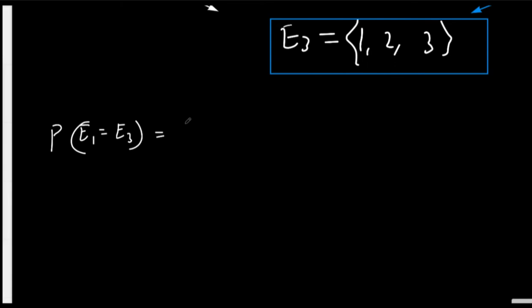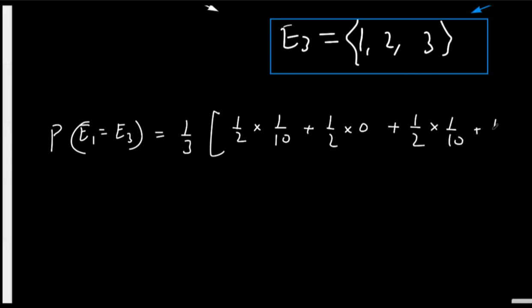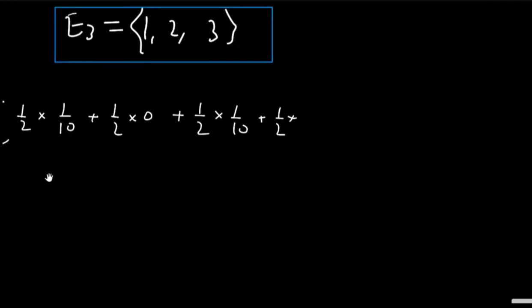And here that is 1 by 3 of 1 by 2 into 1 by 10 plus 1 by 2 into 0, right? And plus 1 by 2 into 1 by 10 plus 1 by 2 into 0, that is 1 by 6, plus 2 by 3 into 1 by 10 and plus 1 by 3 into 0.